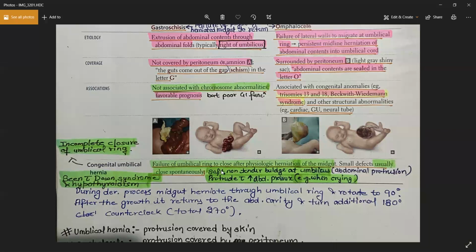This bulge will increase whenever the abdominal pressure increases, when the baby cries or strains.